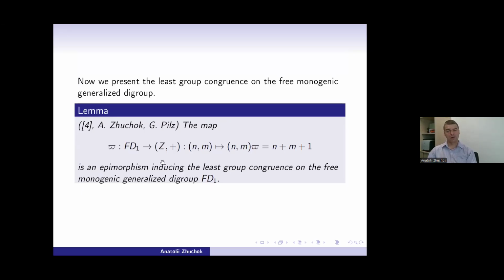And here is the presentation of the least group congruence on the free monogenic generalized D-group. So this map is an epimorphism inducing the least group congruence on the group FD1.